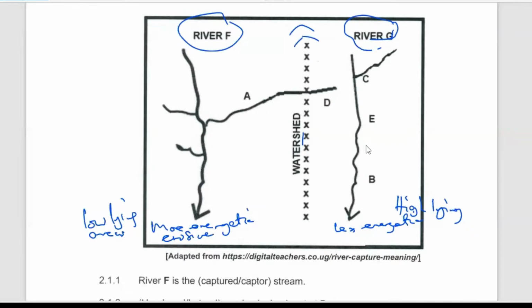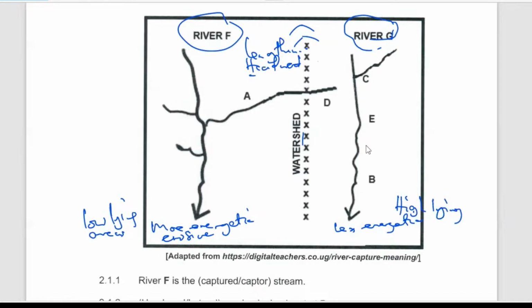There is what we call headward erosion, which happens. Because of headward erosion, this is a type of erosion which is responsible for lengthening the river channel. The river channel becomes longer and longer because the source of the river keeps on migrating headwardly, advancing, and the river becomes longer and longer.